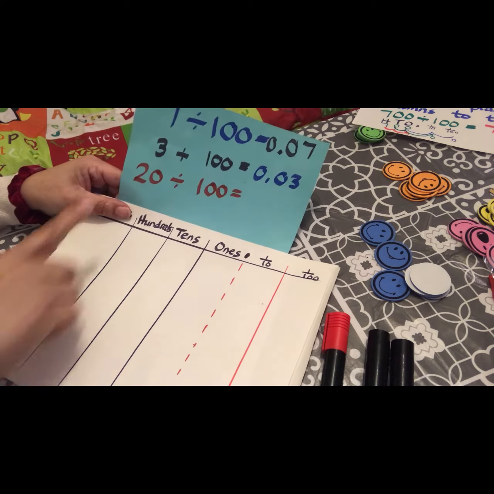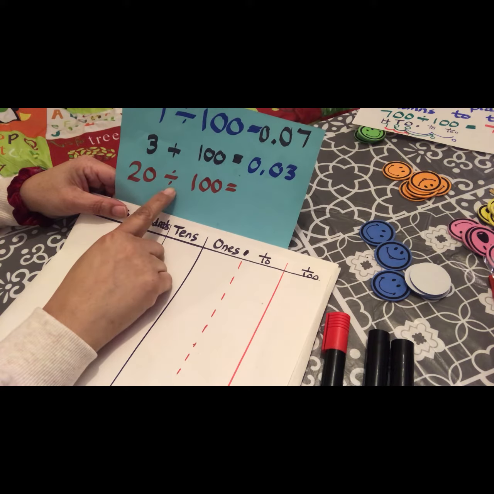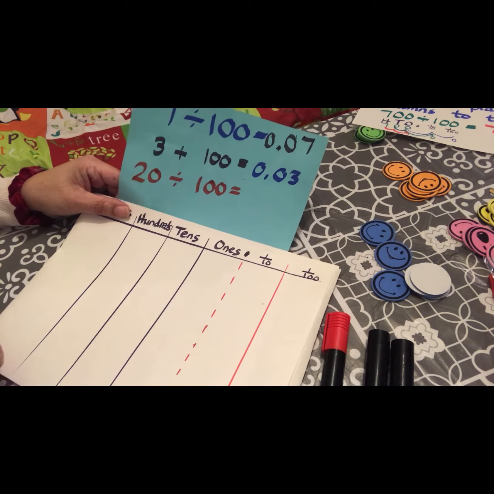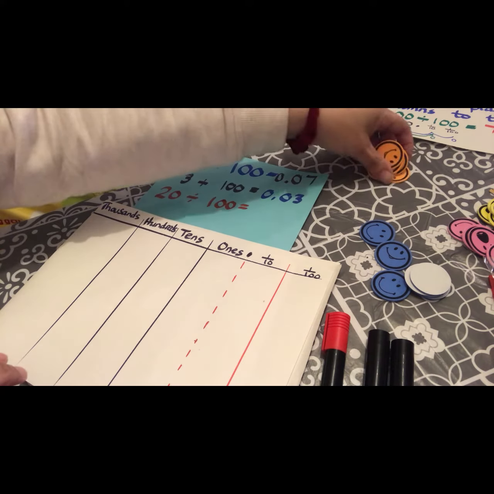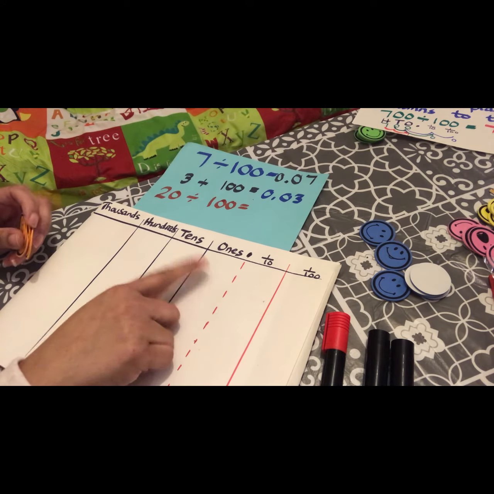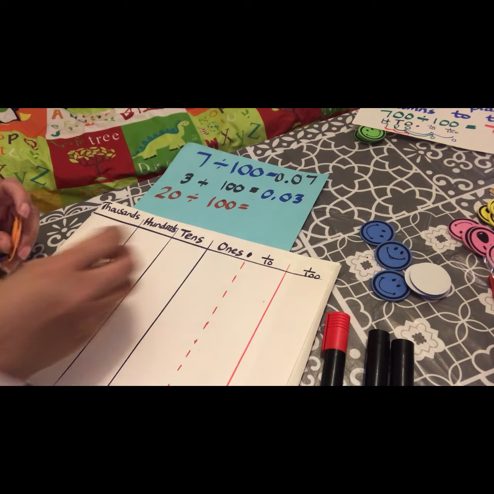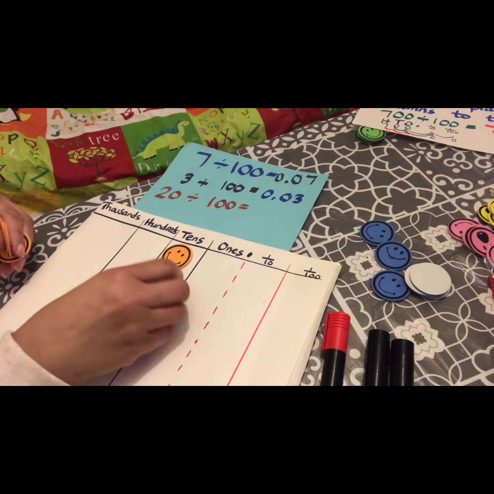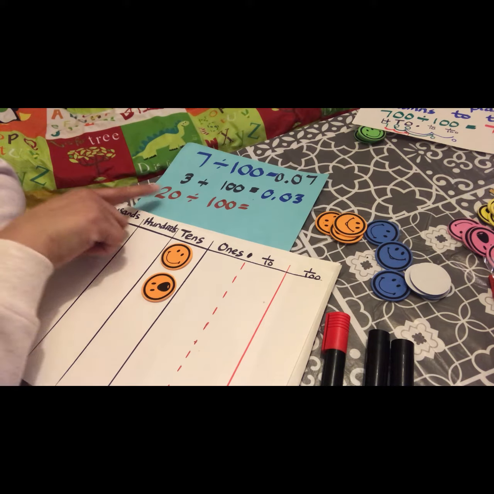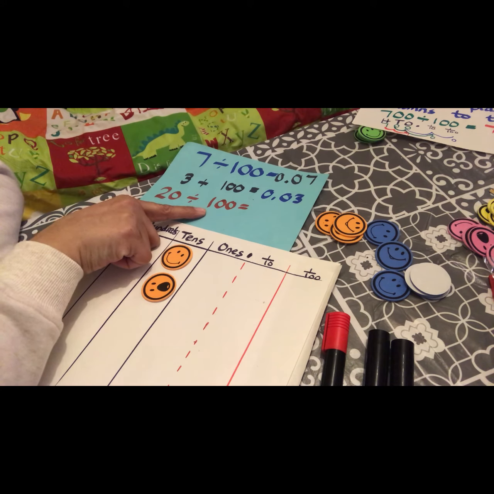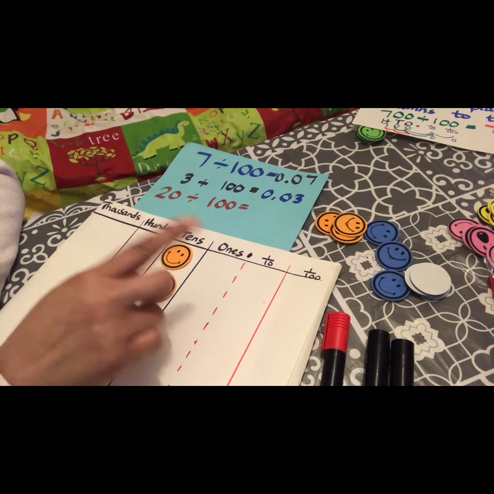Now let's try a 2-digit number. So my equation is 20 divided by 100. So I'm going to put 20 on my place value chart. Where will I put 20? In the ones column or the tens column? Good. We put 2 in the tens column. And if I divide by 100, I need to move 2 spaces to the right.